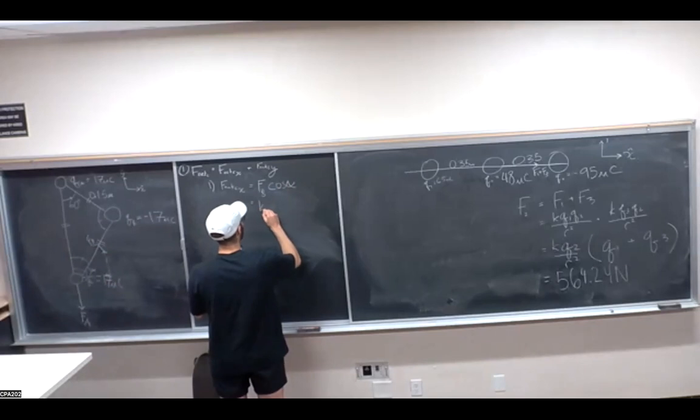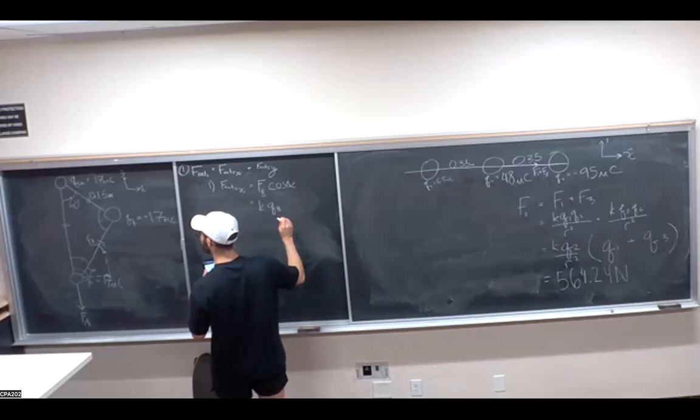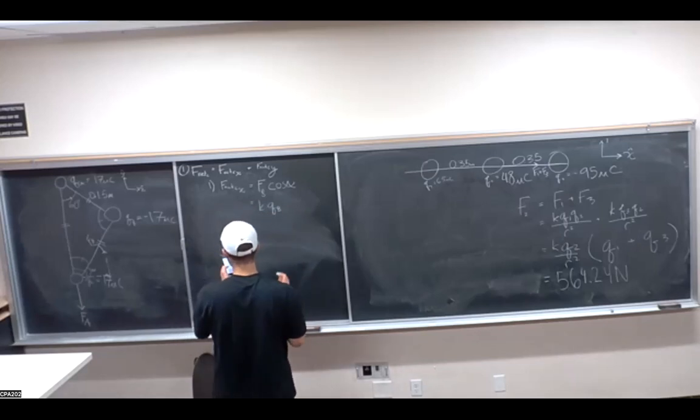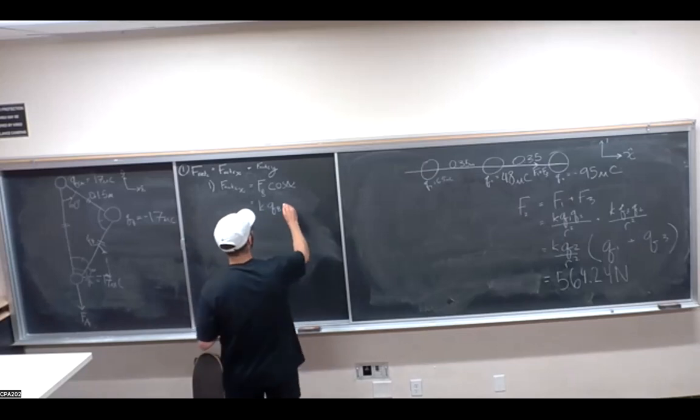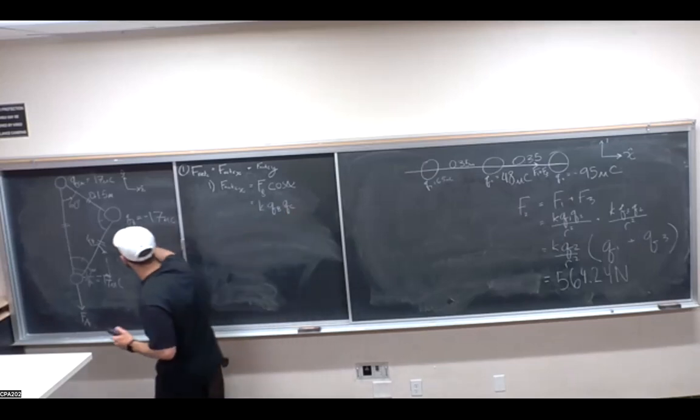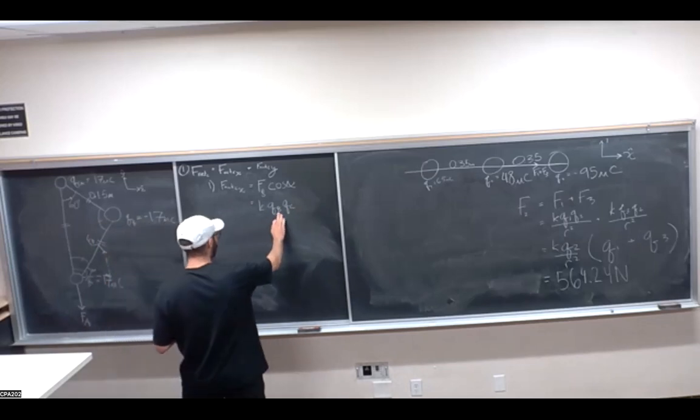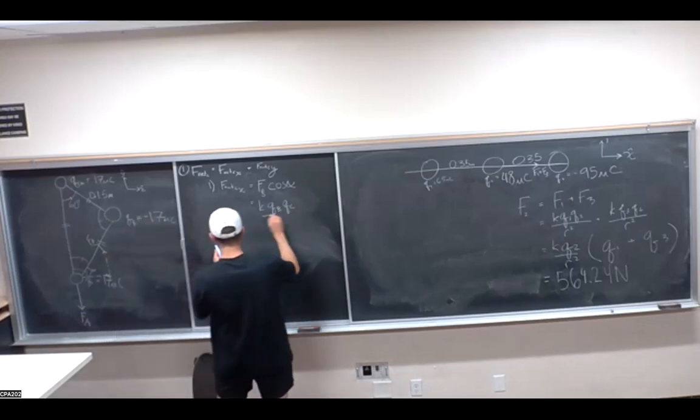At this point, you're going to need to expand this using Coulomb's law. So that's going to be that K constant. It's going to be my charge, which is QB, and then QC. So my charge acting on your charge over r squared, times cosine alpha. I kind of freaked out there.